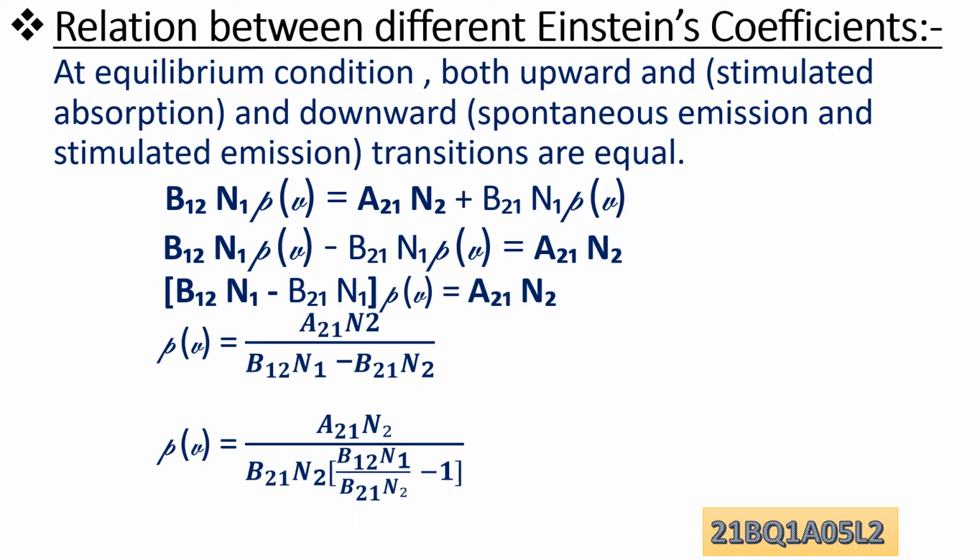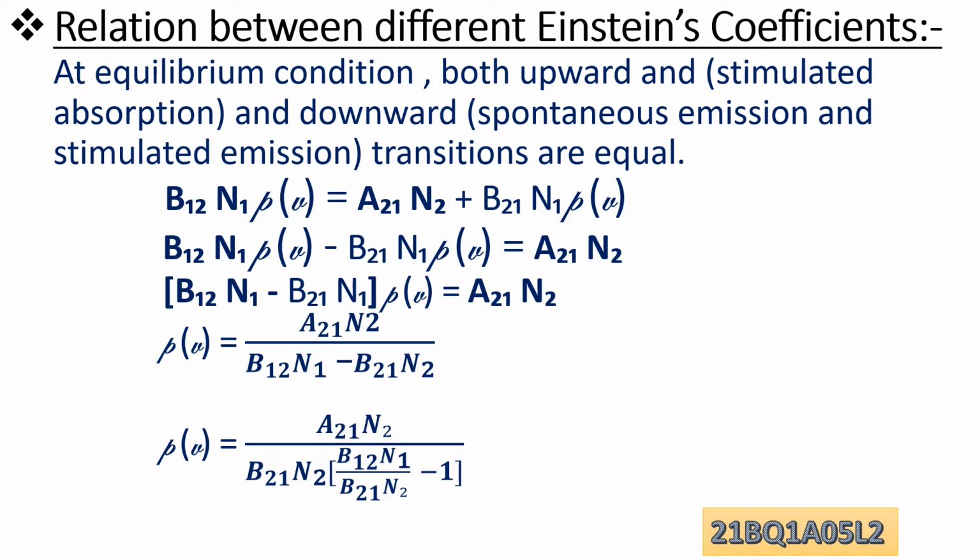So B12 N1 rho of nu equals A21 N2 plus B21 N2 rho of nu. Now transferring B21 N2 rho of nu to LHS, we get B12 N1 rho of nu minus B21 N2 rho of nu equals A21 N2.